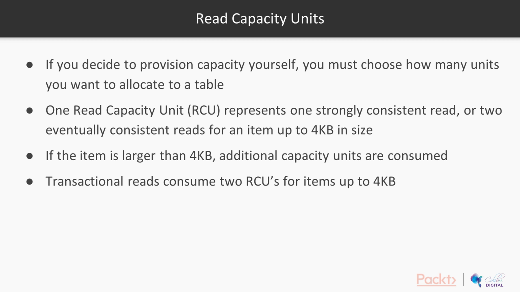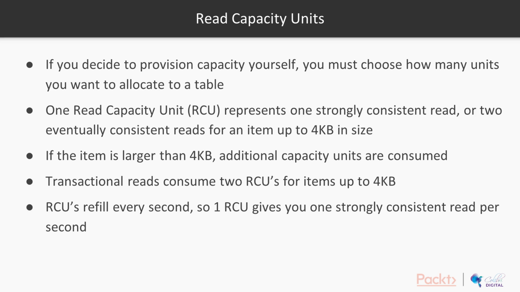Transactional reads consume 2 read capacity units for items up to 4 kilobytes. So you're charged a penalty of double if you decide to use a transactional read or a strongly consistent read. Read capacity units refill every second. So one read capacity unit gives you one strongly consistent read of a 4 kilobyte item per second.